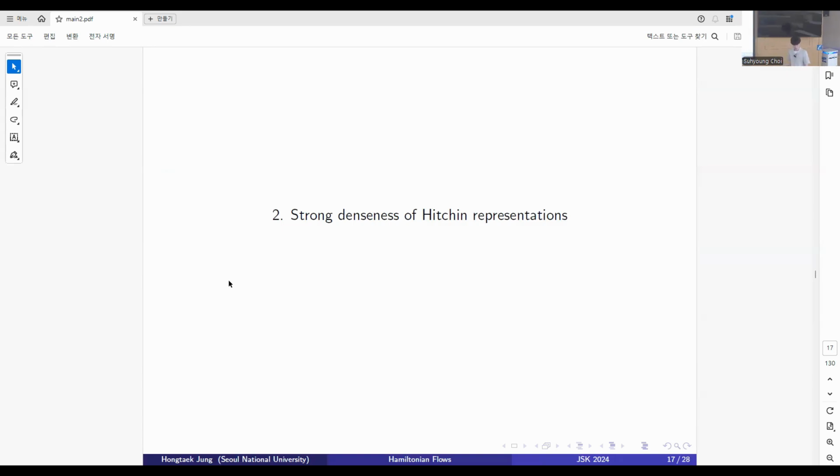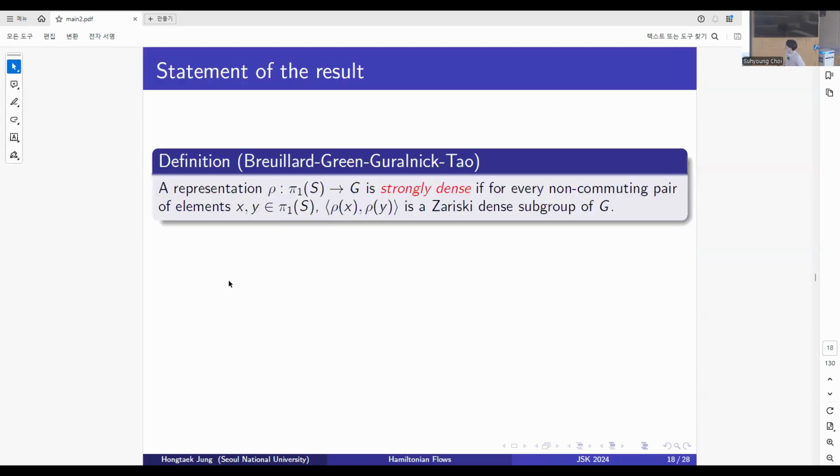Okay, now let's move on to the next application. I have about 10 minutes, so I'd like to go a little bit slow. The second application is about strong density of Hitchin representations. The notion of strongly dense representation was first introduced by Breuillard, Green, Guralnick, and Tao.